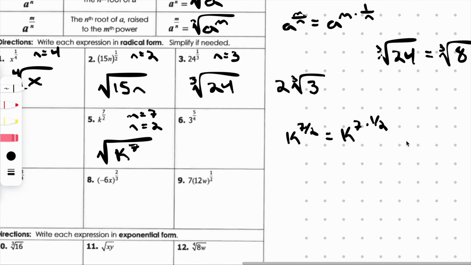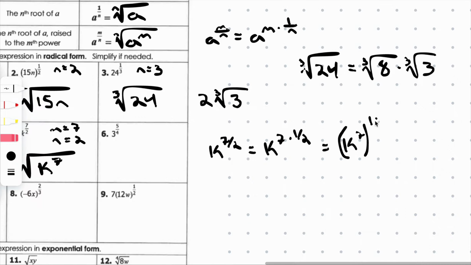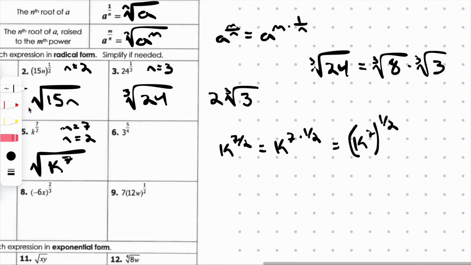And if you remember, working backwards, if we multiply these, that's going to be equal to k to the 7th all to the 1/2 power. And you know how I just said raising something to the 1/2 power is equal to taking the square root of it.